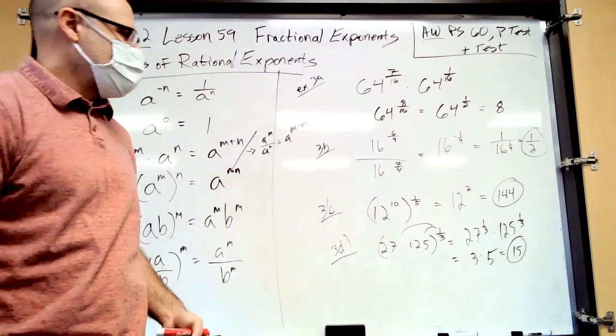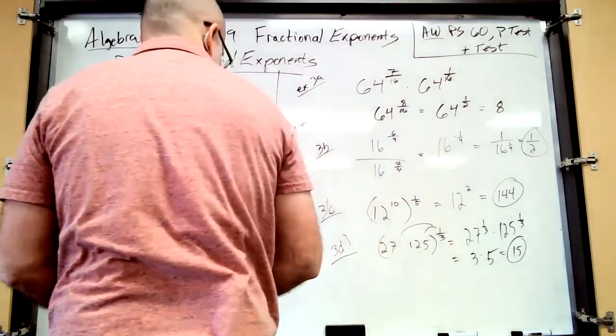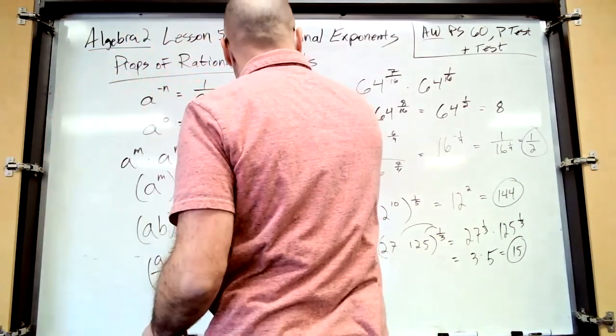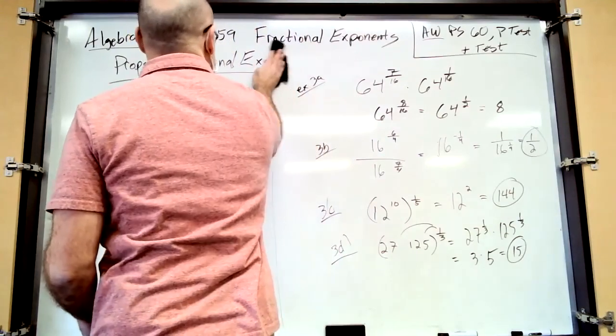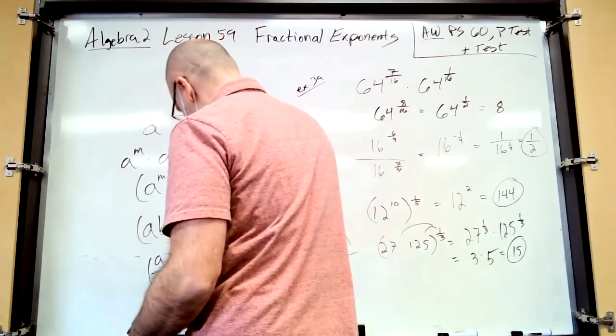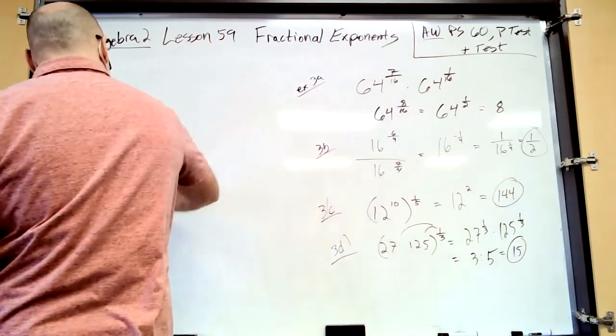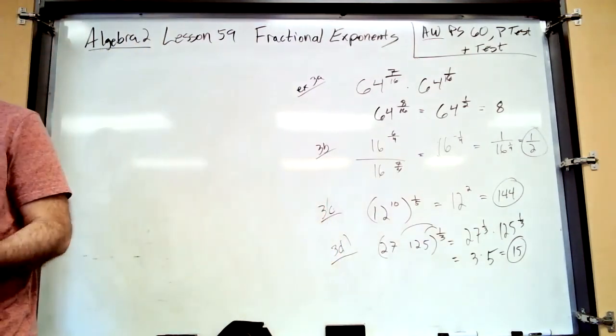Okay, so now let's get down to the algebra part of it and solve some equations with fractional exponents. If you remember how to solve for an x squared, what do you do to both sides to get rid of that x squared?